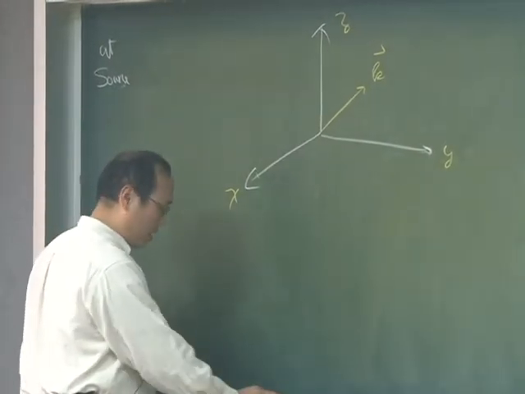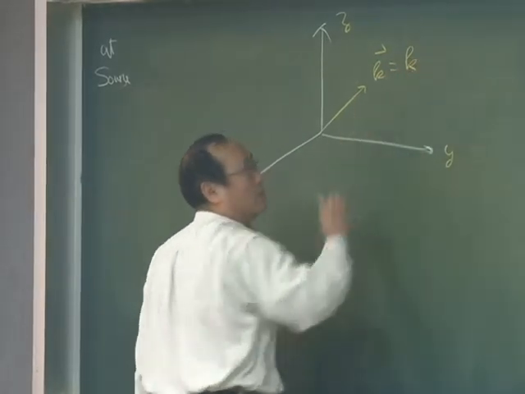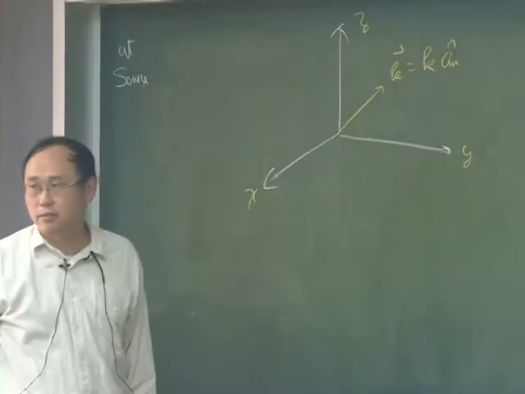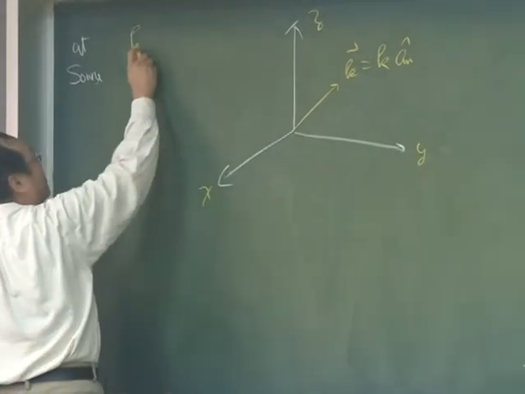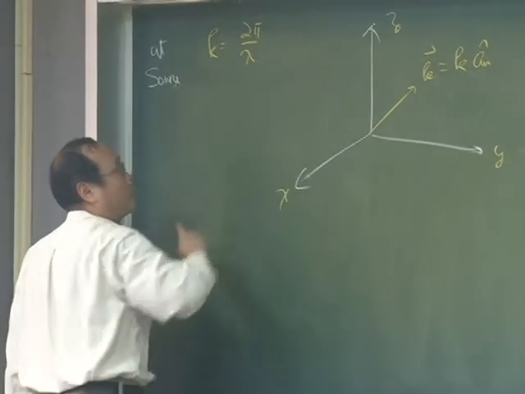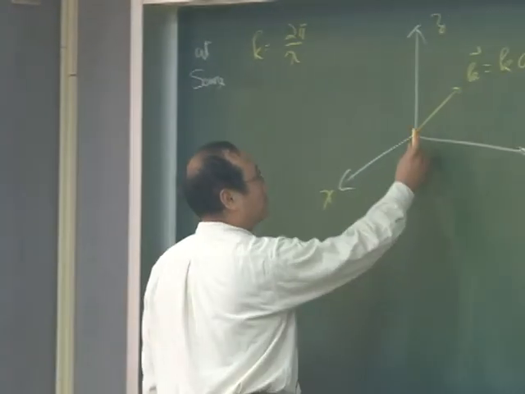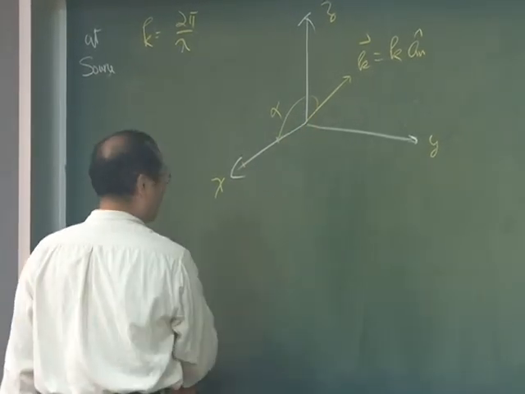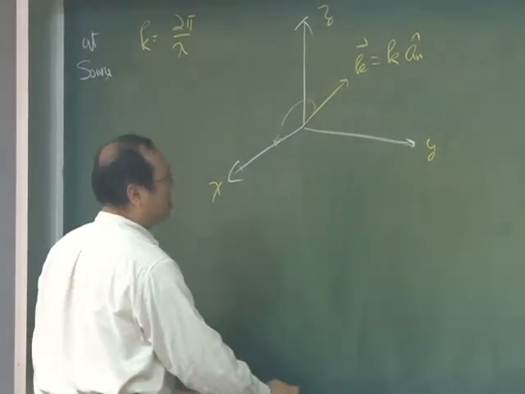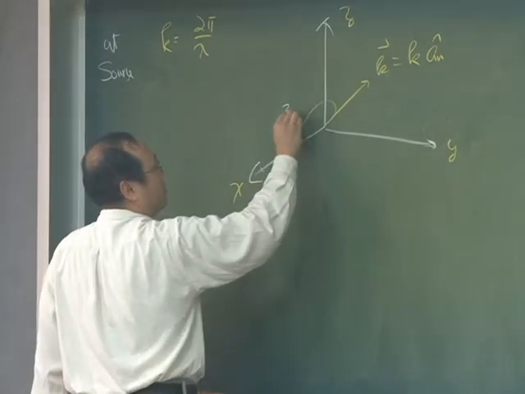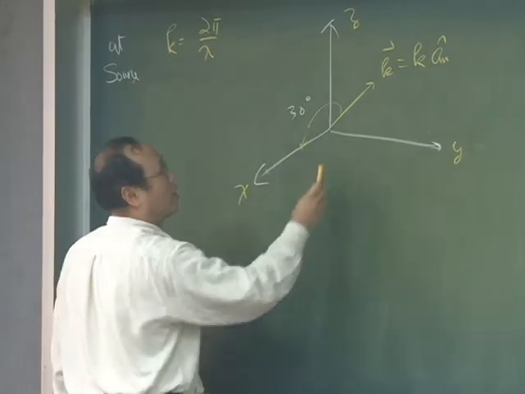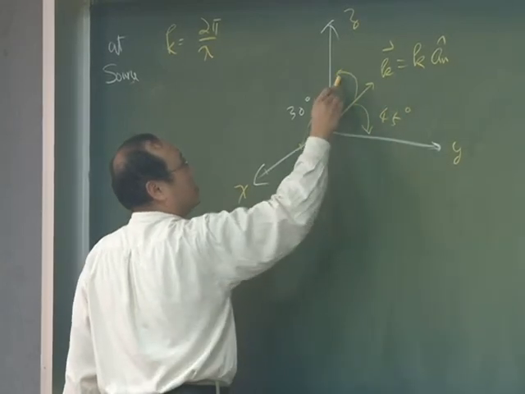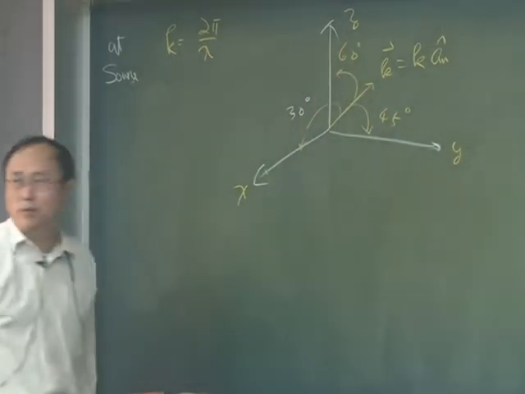This k is equal to a magnitude multiplied with a unit vector, and this k for a harmonic wave is equal to 2 pi over wavelength. Suppose that this angle with x is alpha. Let me do this: this angle is say 30 degrees, and then with y you have 45 degrees. With z you have 60 degrees, for example.